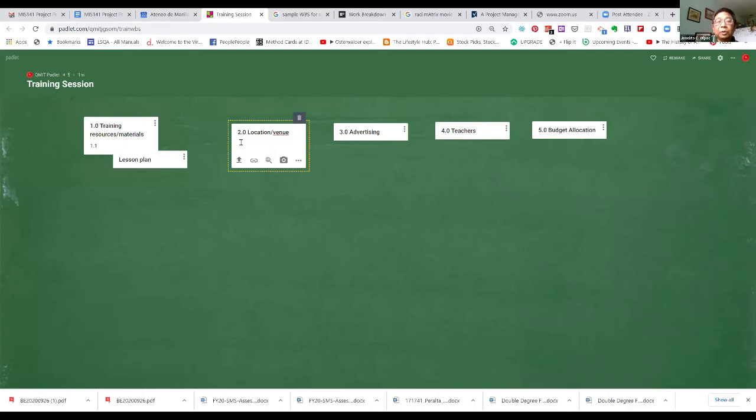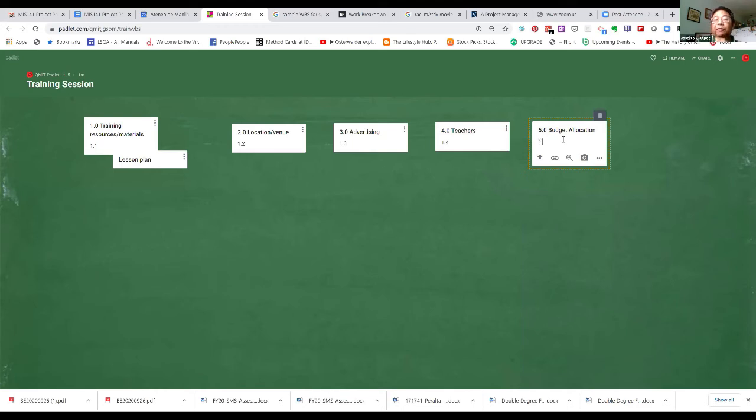This will be 1.2. This is 1.3. This is 1.4. And this is 1.5. Either way works, but for me, to be honest, mas gusto ko itong mga ito 1, 2, 3, 4, 5 para alam ko yung distinction. Okay? And my 0.0 would be the IT training.